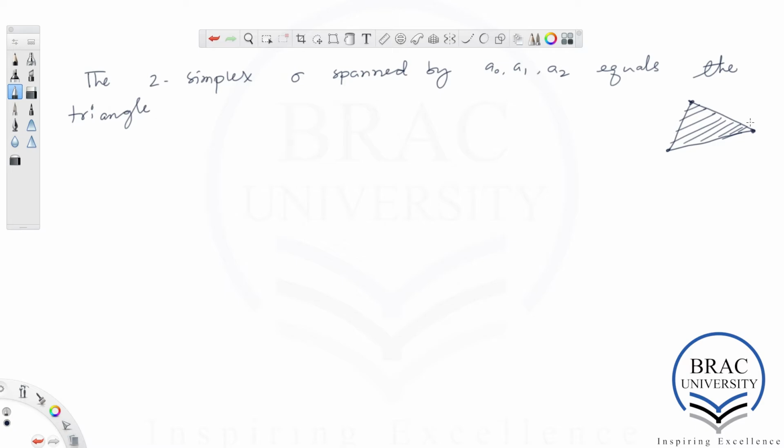So the two simplex sigma spanned by these 3 points equals the triangle, which is nothing but the interior of the 3 lines joining the 3 vertices which are non-collinear.